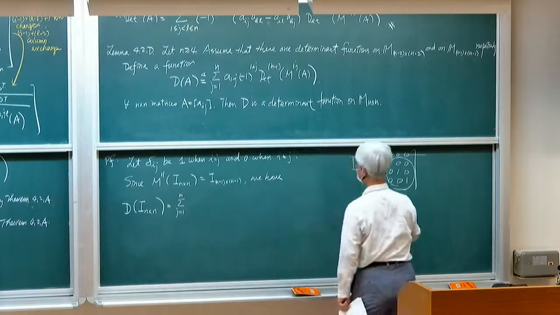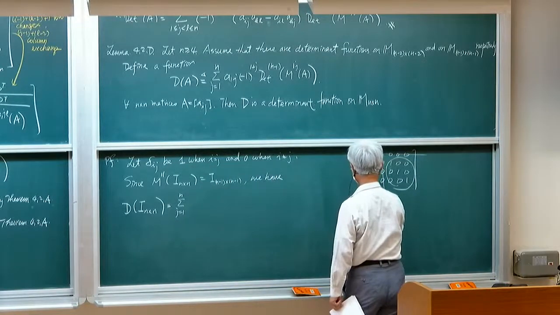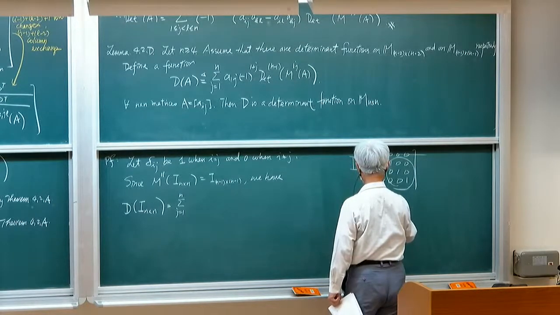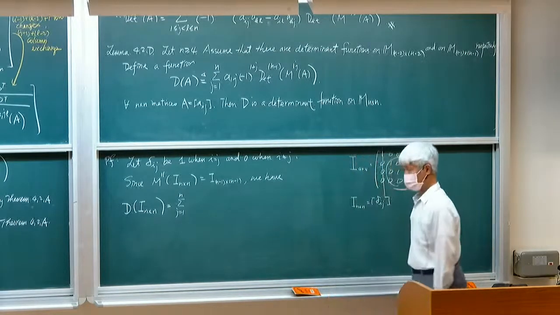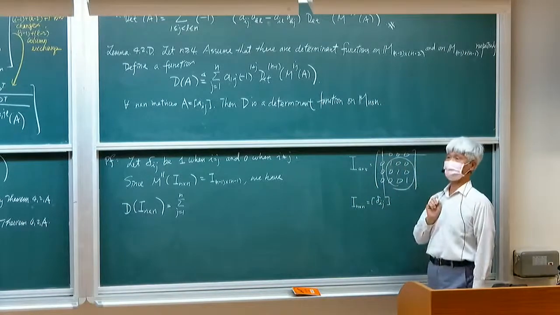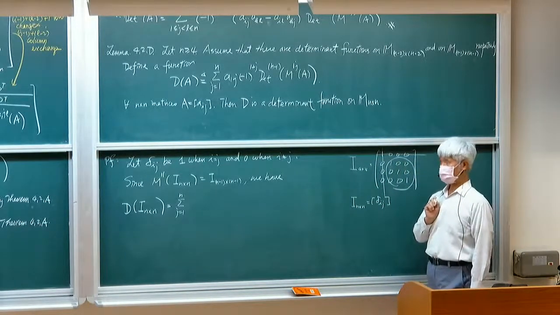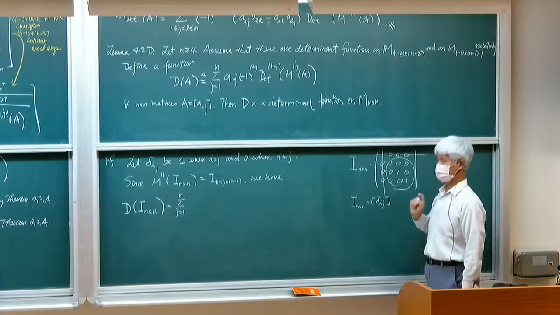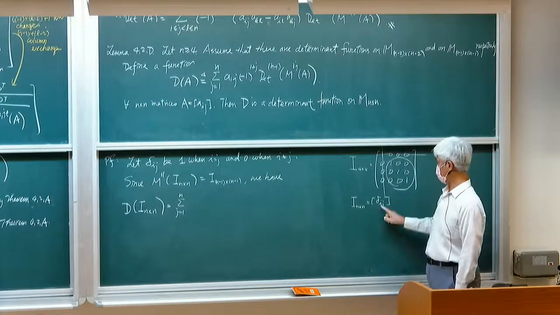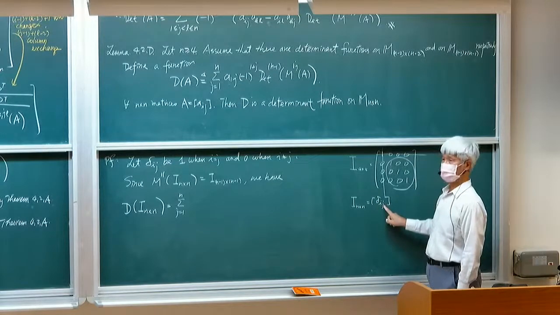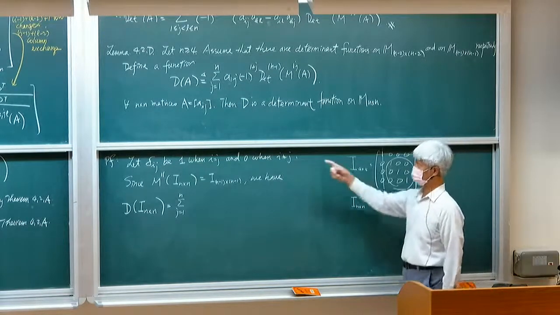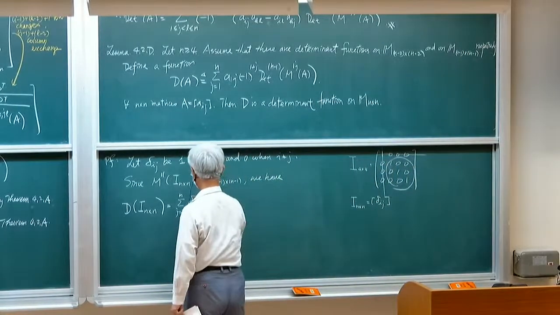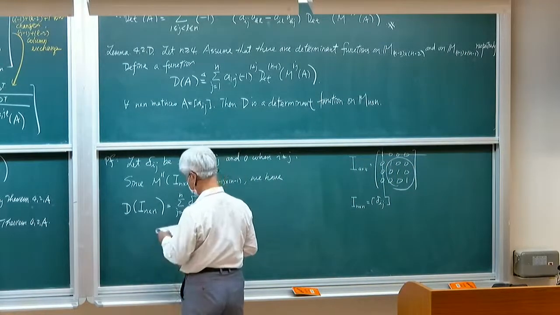We know that the identity matrix is actually represented by delta ij, right? Because when i equals j, you have diagonal entries which are ones, but if i is not equal to j, then the entry is 0. So this is delta 1j.